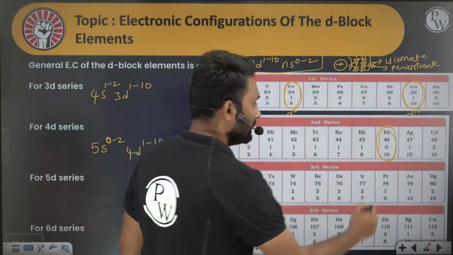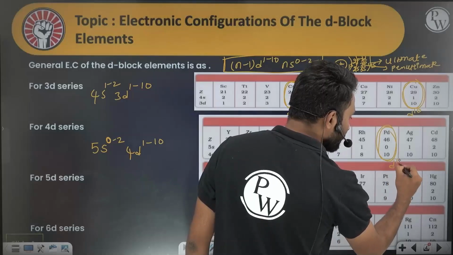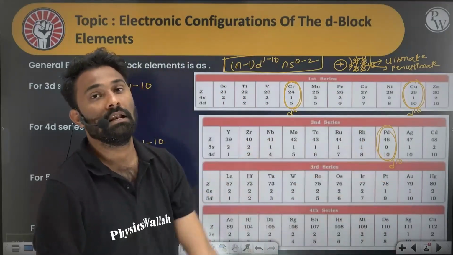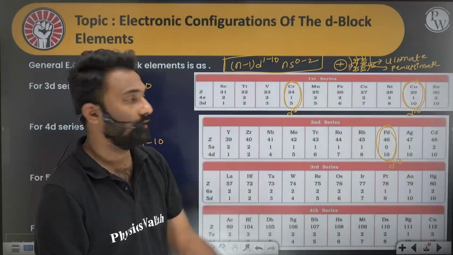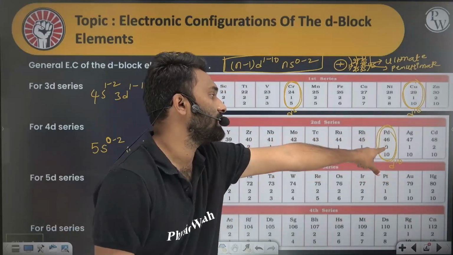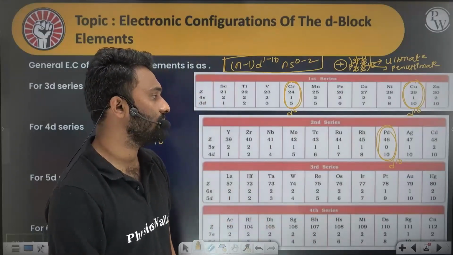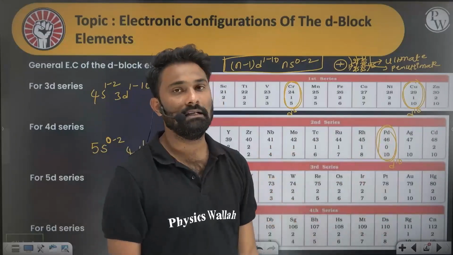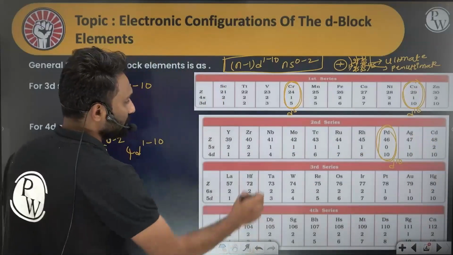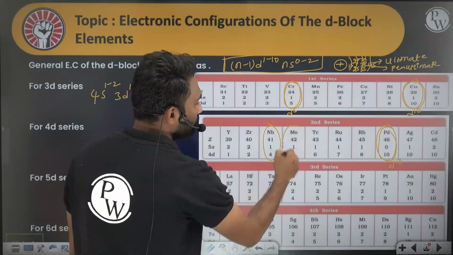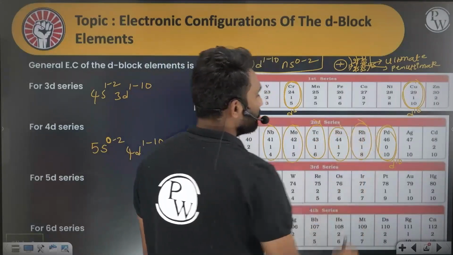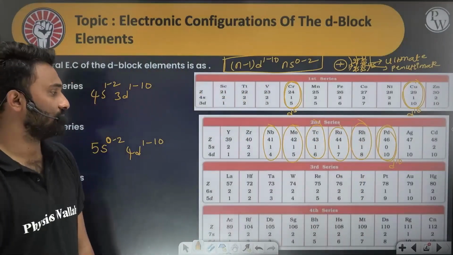Here the d is completely filled. For more stability, palladium is showing the exceptional electronic configuration. That is why it has 5s0 and the d10 completely filled electronic configuration. And here you can see rubidium, molybdenum, technetium, ruthenium, rhodium, these all are having the exceptional electronic configuration.